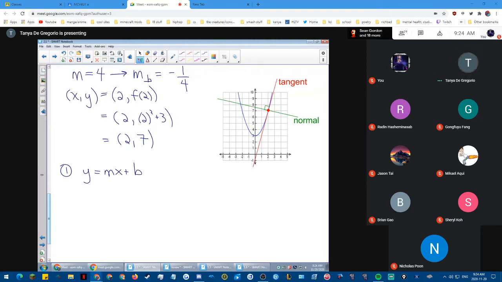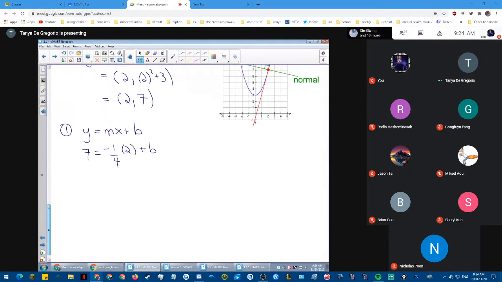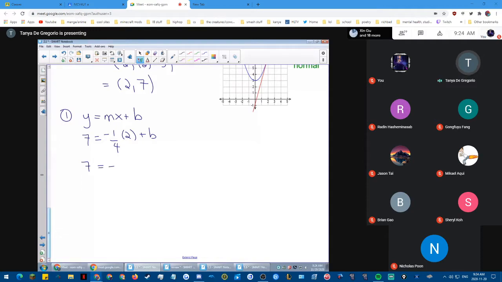What should I do? Excellent. Sub in the slope and the point, and then solve for b. Once you know m and b, you have your slope y intercept form. So 7 equals, the slope was negative 1 over 4 times 2 plus b. And so 7 equals negative a half plus b.